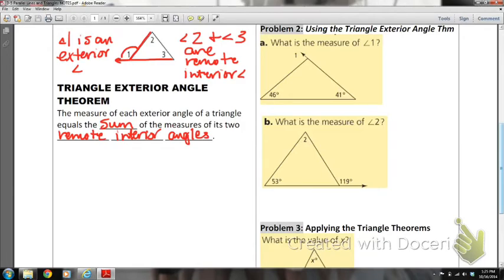So in the diagram above, we have measure of angle 1, which is the exterior angle, is going to equal the measure of angle 2 plus the measure of angle 3, the sum of the two remote interior angles for angle 1. So we'll apply these to the problems on the right. Let's go over to the right, look at problem 1.